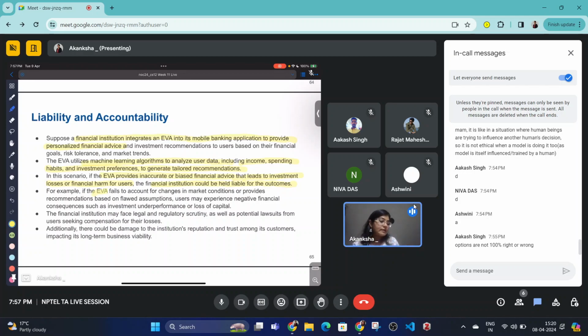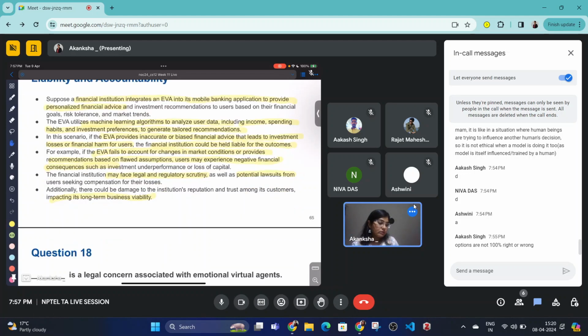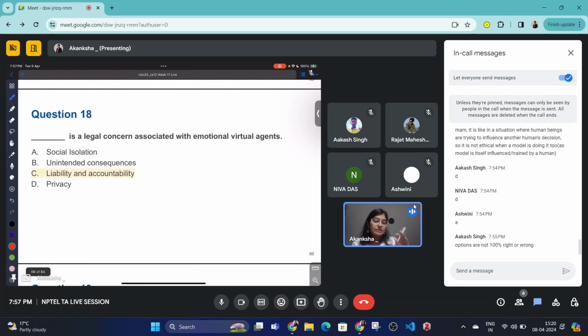And if it fails to account for the changes in market, etc., and the user may experience negative financial consequences, loss of capital, then that institution may face legal and regulatory scrutiny and potential lawsuits. So it can further damage the reputation and impact their long-term business viability. So we have to be very careful. We have to include these liability and accountability factors as well. So that is how the legal concern is meant.